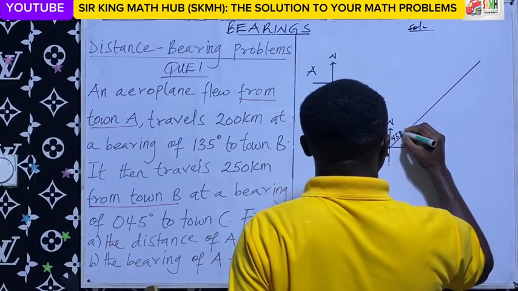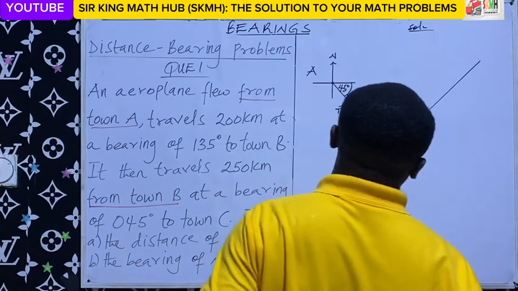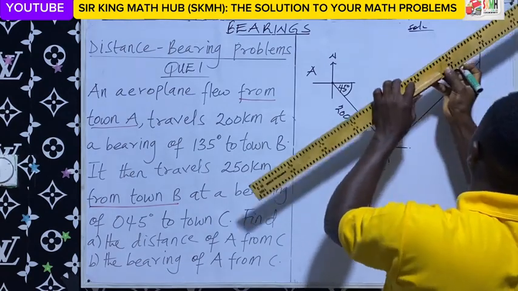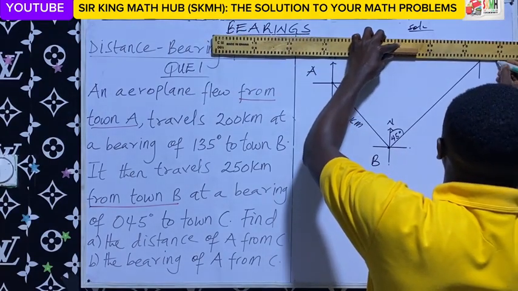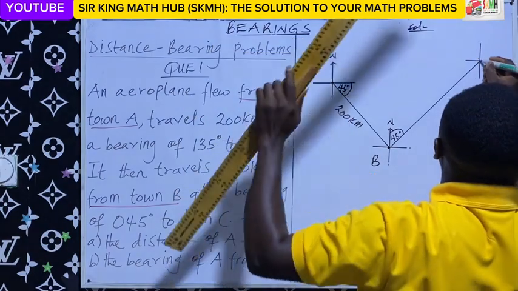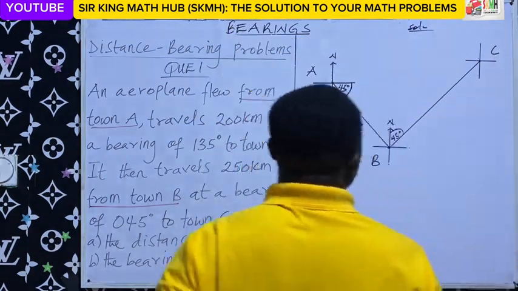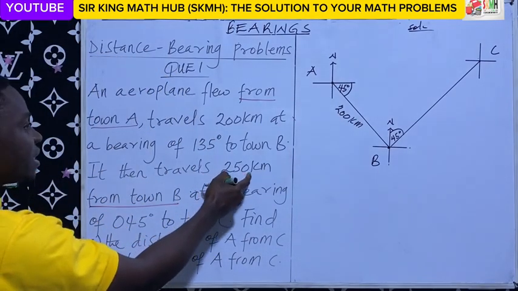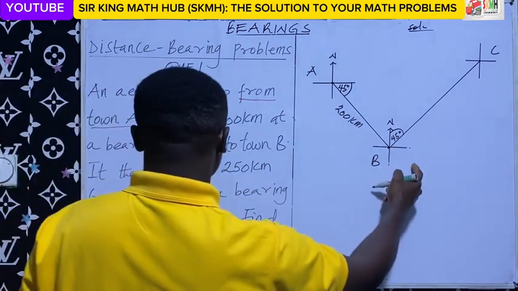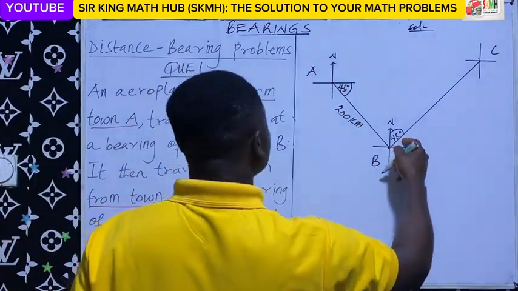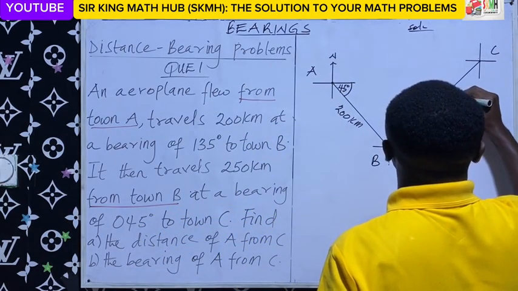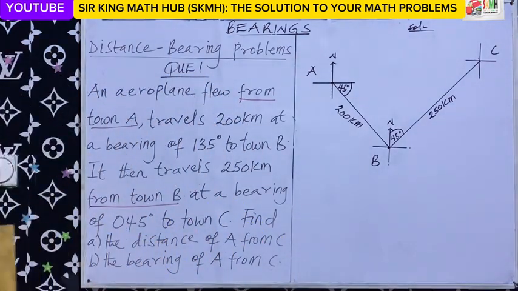So this angle here should also measure 45 degrees. Which town should be here? Obviously here should be town C. And what was the distance? It travels 250 kilometers from town B at a bearing of 45 degrees to town C. So this distance here is 250 kilometers. So that is what we have done.